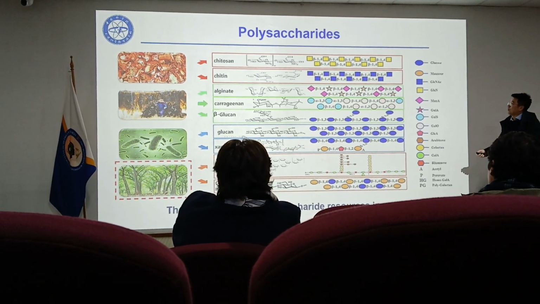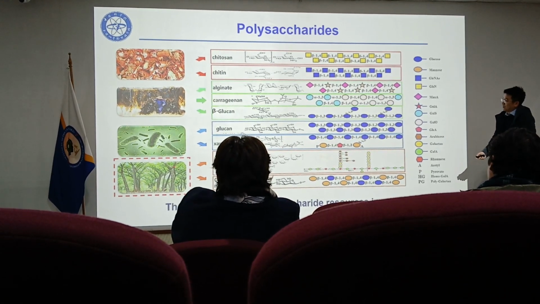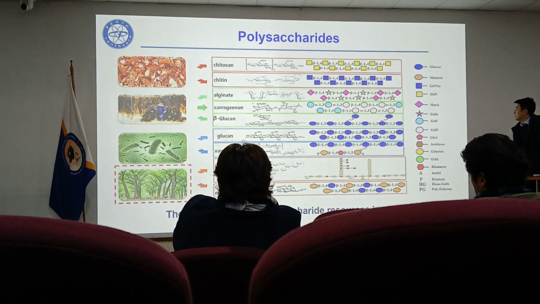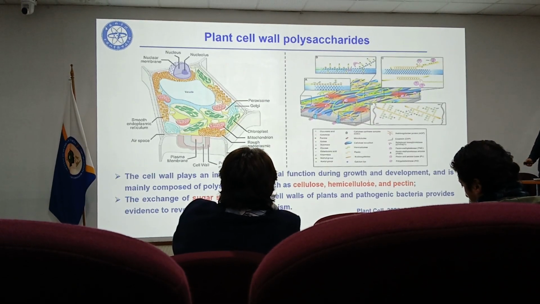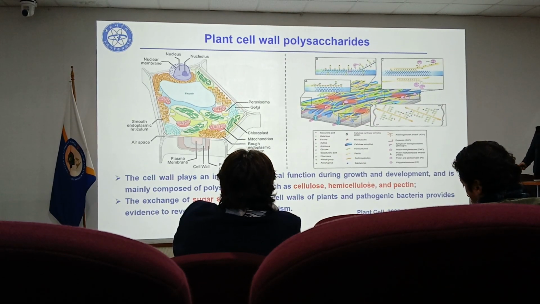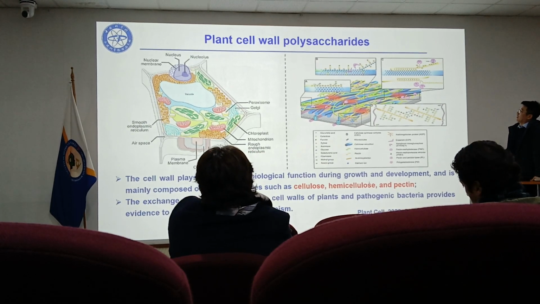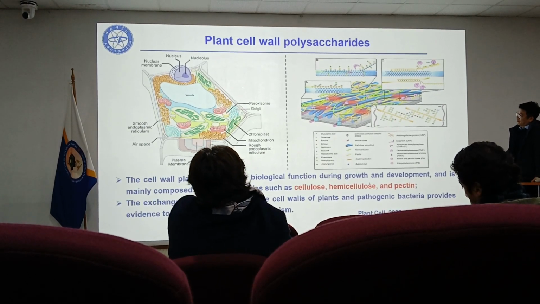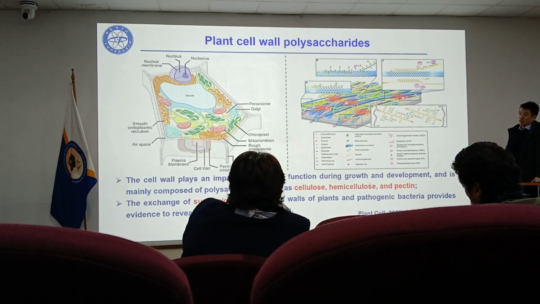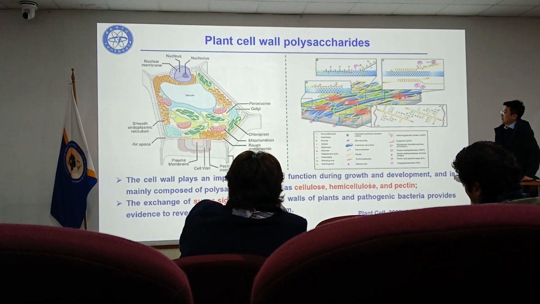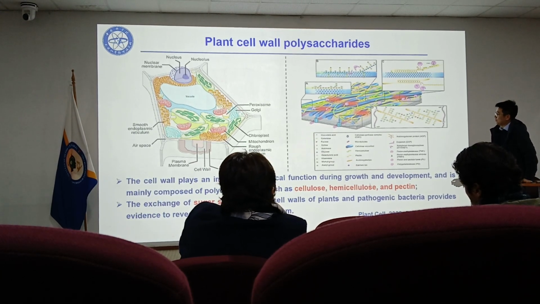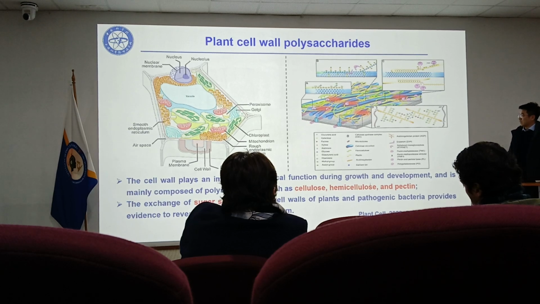The last part about polysaccharides is from the plant cell wall. It's also very different and complex. But there are three major plant cell wall parts, as we all know: cellulose, hemicellulose, and pectin.